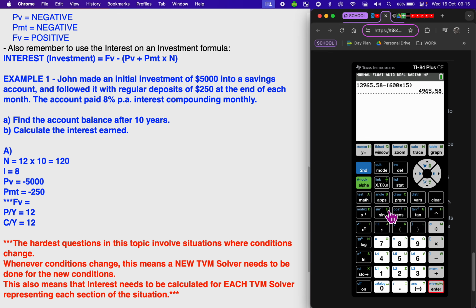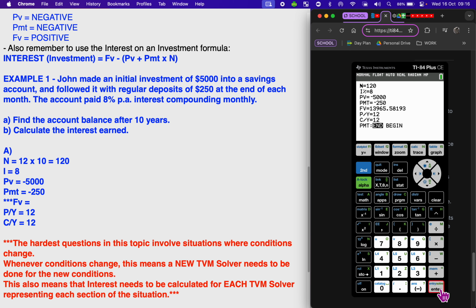So now I can go apps, finance, TVM, 120, 8, negative $5,000, negative 250, 12. Please notice when you put PY in as 12, that even the calculator wants them to be the same.